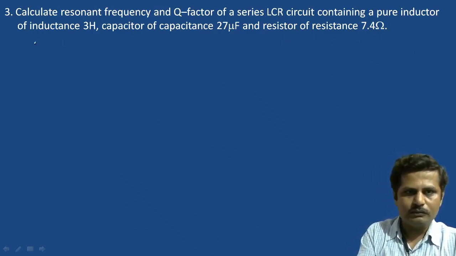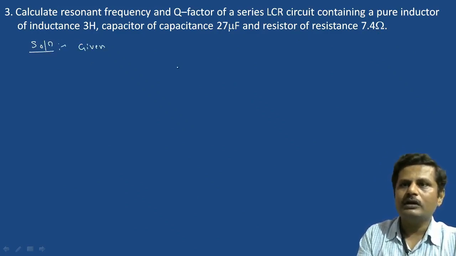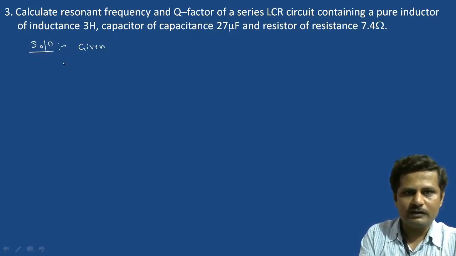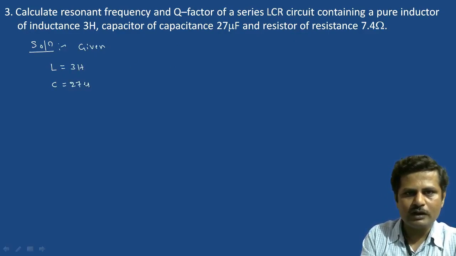Here we have the pure inductor of inductance L equal to 3 Henry, the capacitance of the capacitor C equal to 27 microfarad, and the resistor of resistance R equal to 7.4 ohm.